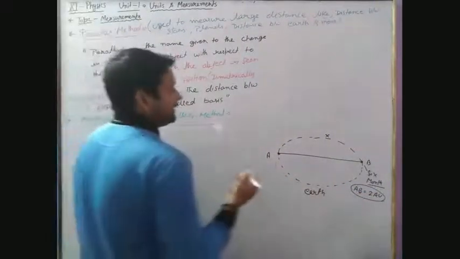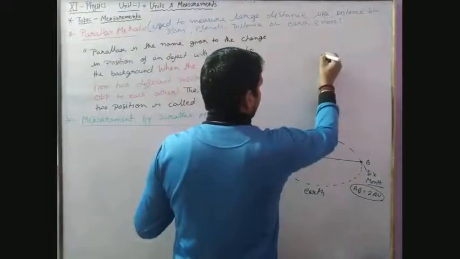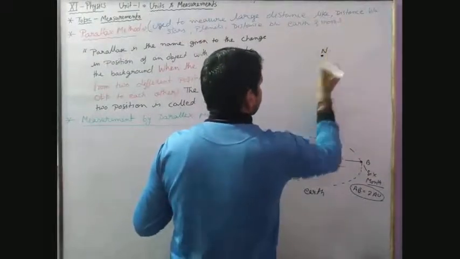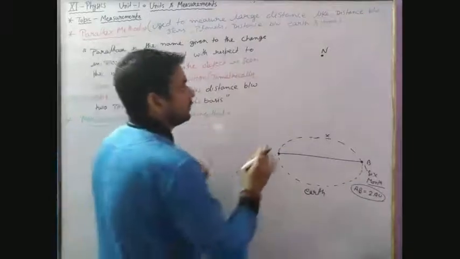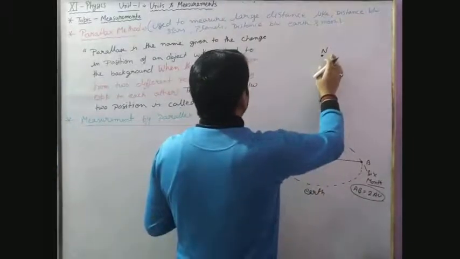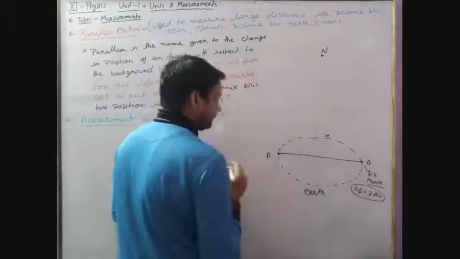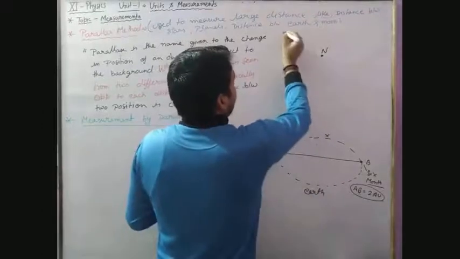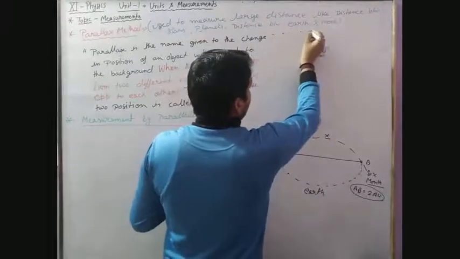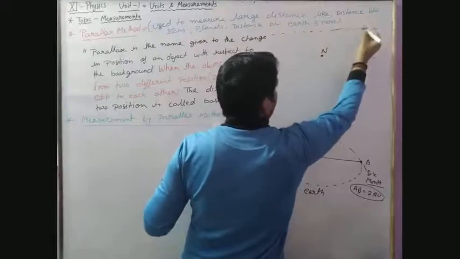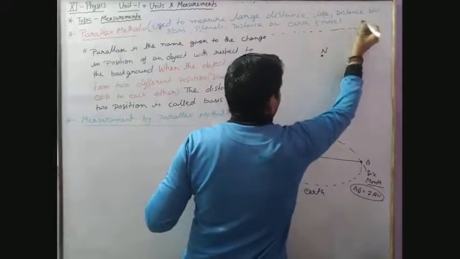Therefore, let's say there is a star N, and there is any other star, let's say S.